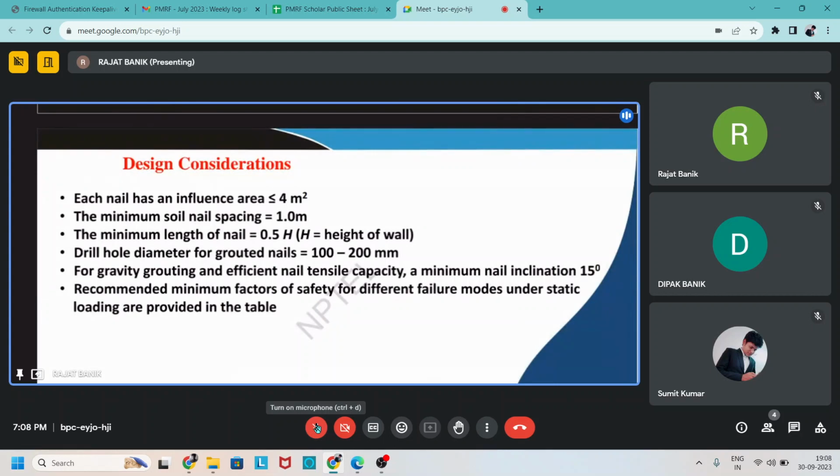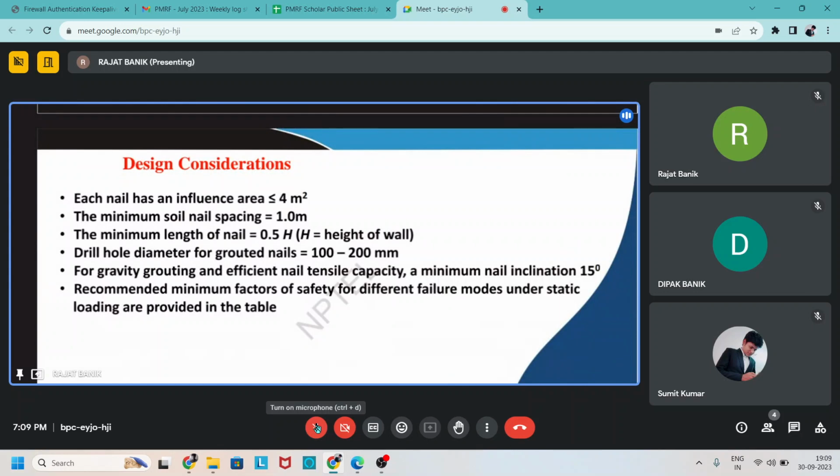The minimum length of the nail is equal to 0.5 into H, H is the height of the wall. Drill hole diameter for a grouted nail is 100 to 200 mm. For gravity grouting and efficient nail tensile capacity, nail inclination should be 15 degrees.